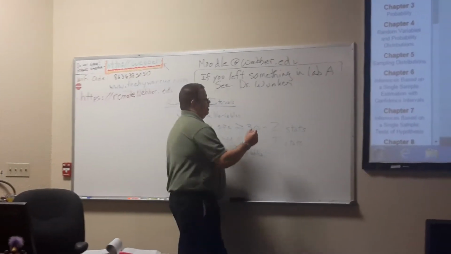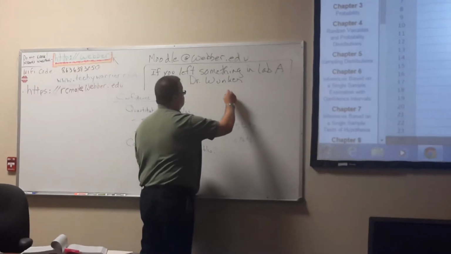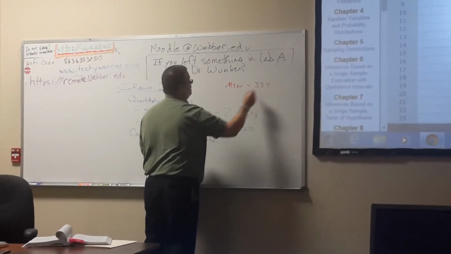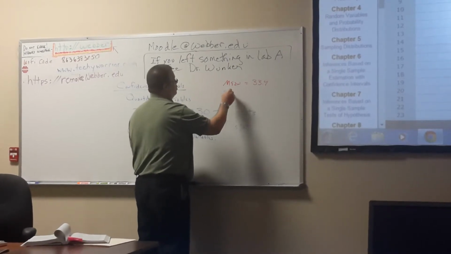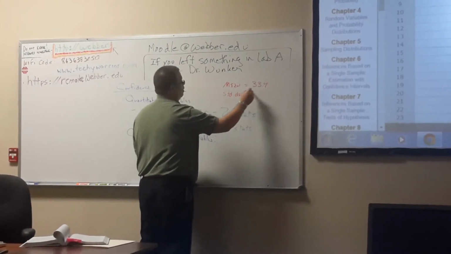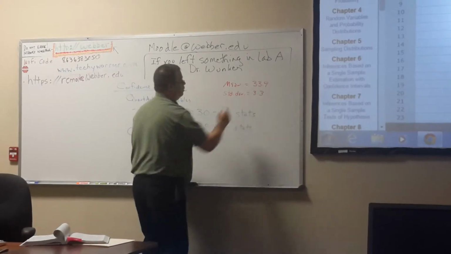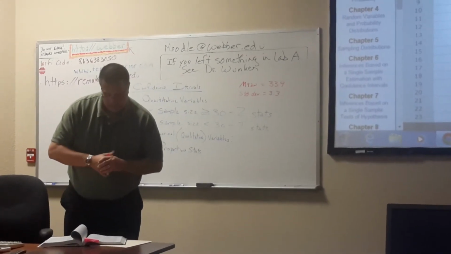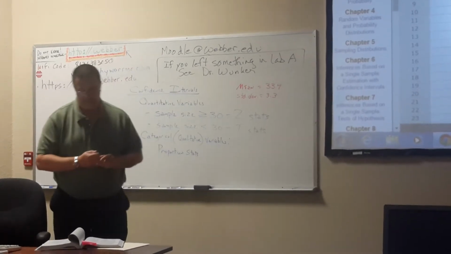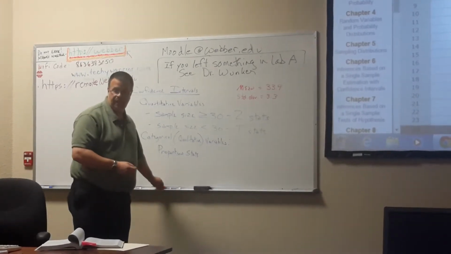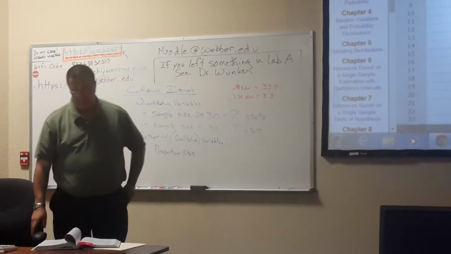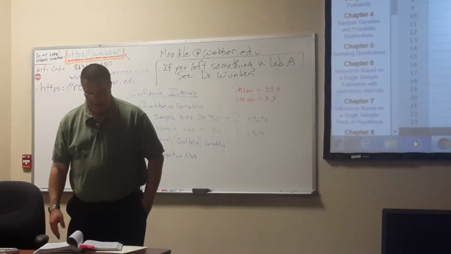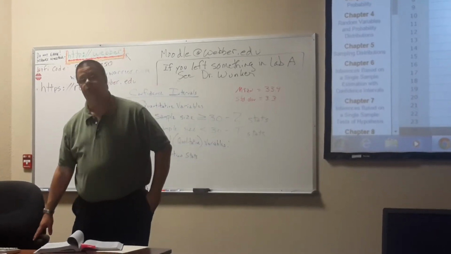So we have a mean of 33.9 and a standard deviation of 3.3. They want us to find a 95% confidence interval for the population mean if our sample size is 100.